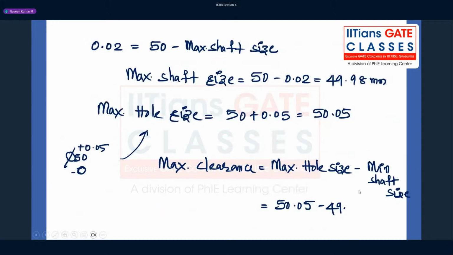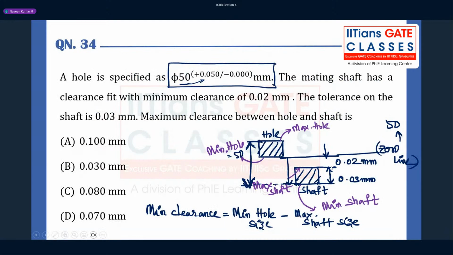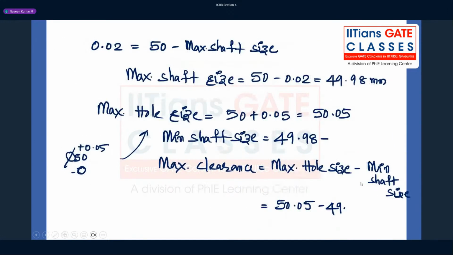Minimum shaft size is maximum shaft size 49.98 minus the tolerance, that is 0.03. You have to do that. 49.98 minus 0.03 is 49.95. I'll write 49.95 here.